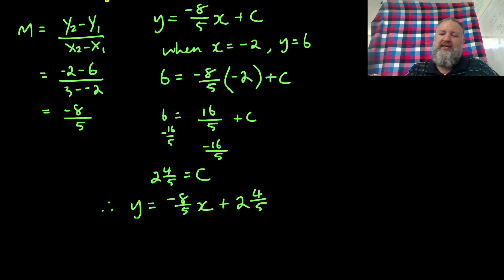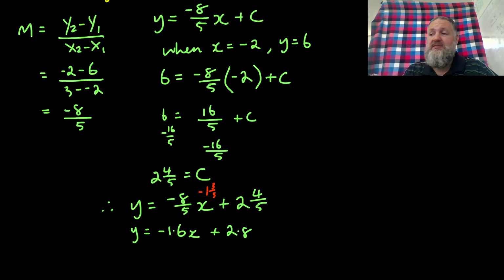We really should try to keep it the same. So I guess it would have been more accurate to say that this was -1 3/5 x plus 2 4/5. Okay, that probably would have been a little bit better. Anywho, we could also have written it in decimals. We could say that it's -1.6x plus 2.8. Either way, that is correct.